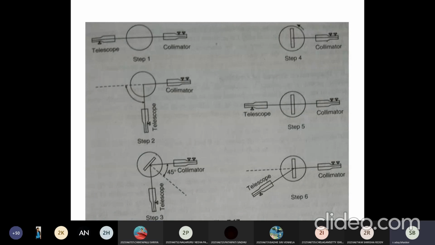From the first and second figure to the third, fourth, fifth, what is different? Is 1, 2 similar to that of 3, 4, 5, or do we have some difference over there?